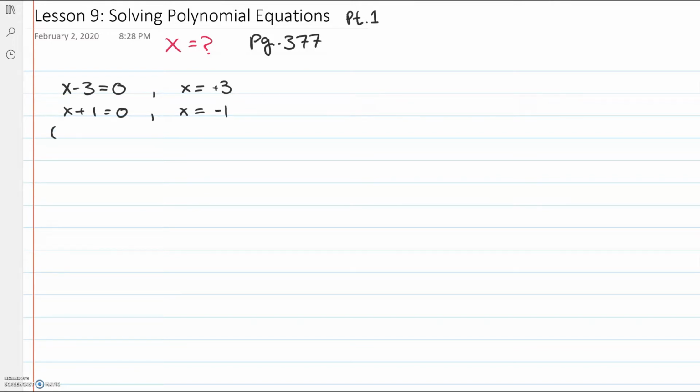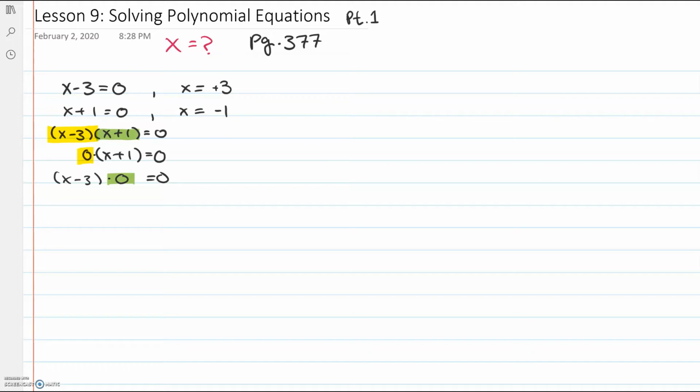So in my factoring, if I had x minus 3 times x plus 1, and I tell you that this equals 0, this is only true if x minus 3 equals 0, so it would be 0 times x plus 1, whatever that number is, which gives me 0. Or if x plus 1 was equal to 0, then I could have x minus 3 times 0, and that would give me 0.